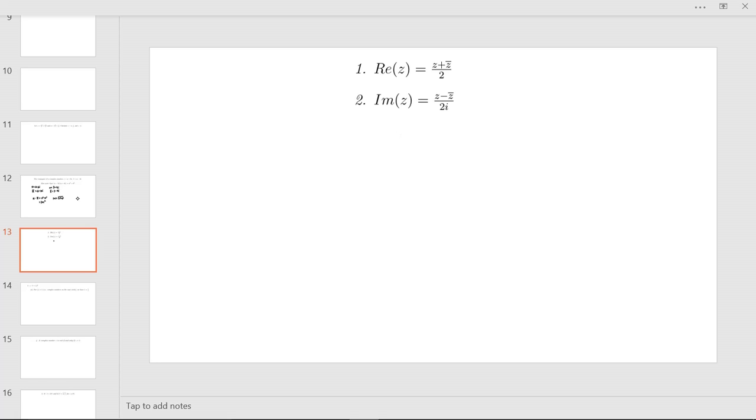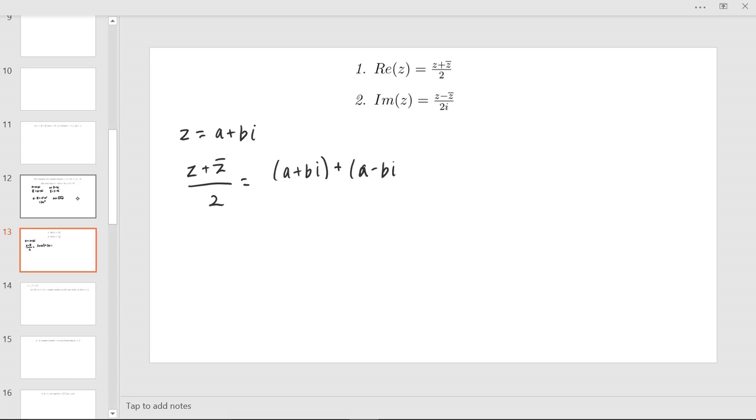Now, we will prove some basic properties involving the complex conjugate. First, the real part of z is equal to z plus the complex conjugate of z, divided by 2. To prove this, let z equal a plus bi. Then z plus z bar over 2 is a plus bi, which is z, plus a minus bi, which is z bar, over 2.